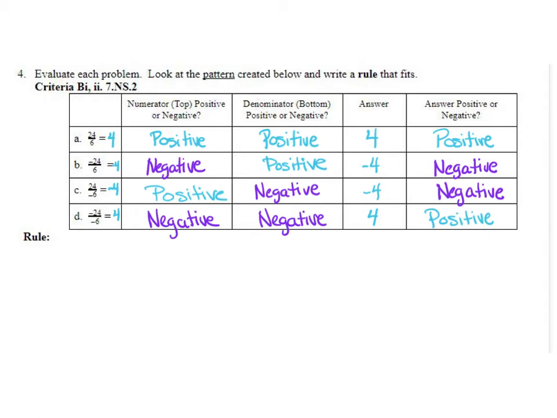All right, looking at the second one, my top number was negative. My bottom number, or my denominator, was positive. And so that gives me a negative answer. So how many negatives are there? There are 2 negatives and 1 positive. Interesting. When I had the signs here, are they the same or different? So they are different, and I got a negative answer.